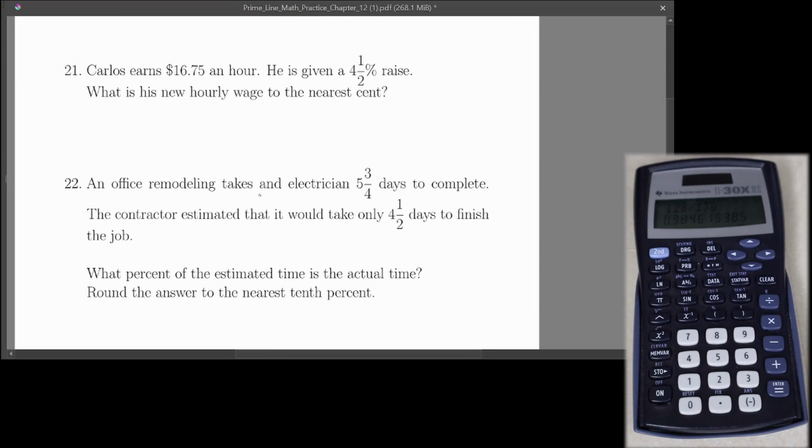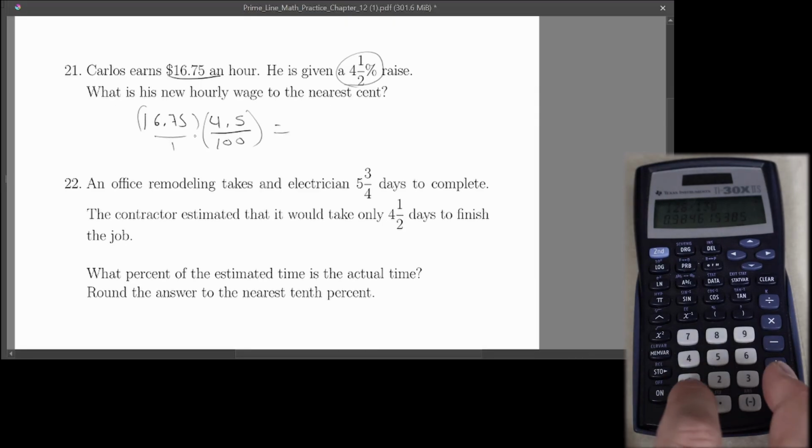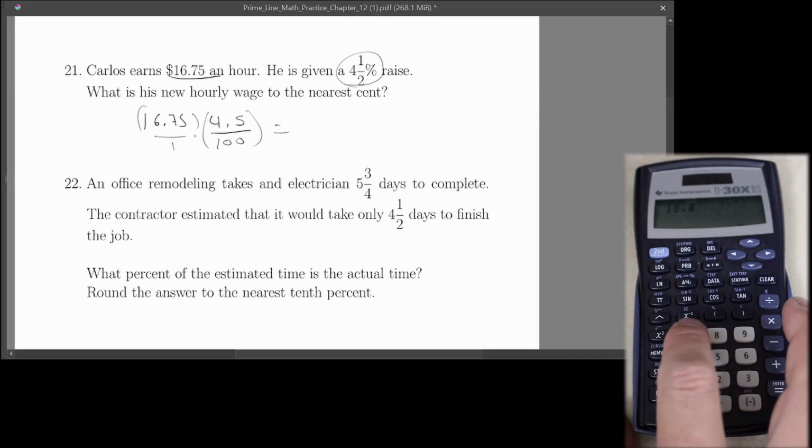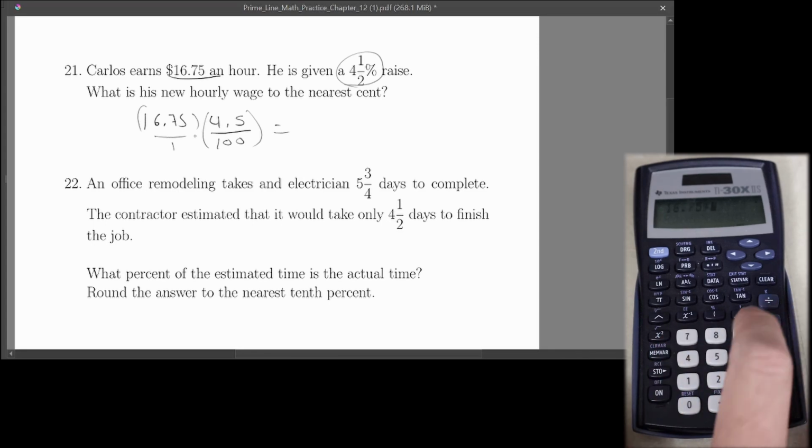Okay, Carlos earns this much money. He is given this much of a raise. What's his new hourly wage? So let's take that. We're going to multiply our 16.75 times the 4.5%. I'm going to convert that to 4.5%. We're going to multiply that through: 16.75 times 4.5 divided by 100.